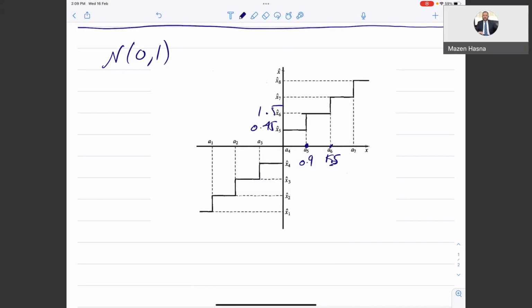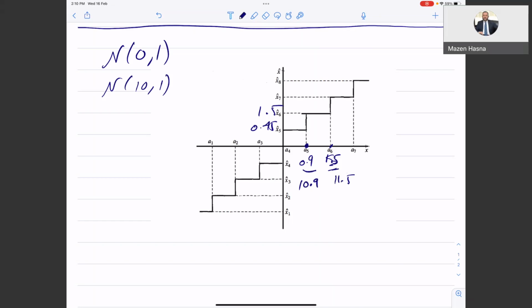Now we want to change the mean, meaning shifting the whole thing, let's say N of 10 and 1, so the values are clustered around 10. Instead of 0.9, this will be 10.9, this will be 11.5, and so on. So what's the quantized level? I think it should be shifted.